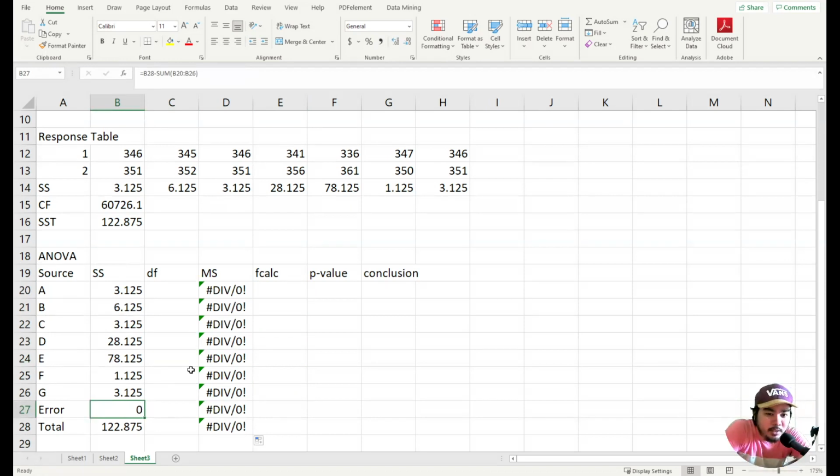So what it does is, when we look at a value, tapos it's a small value, and we pool those values into the error. Kasi 'di ba kung maliit yung SS mo, maliit din yung magiging MS. And if maliit yung MS mo, usually yung Fcalc mo magiging maliit din siya, no?